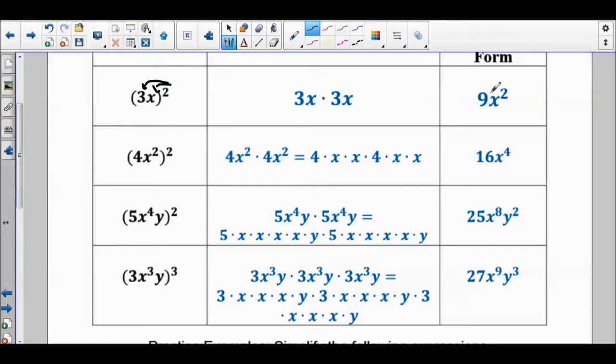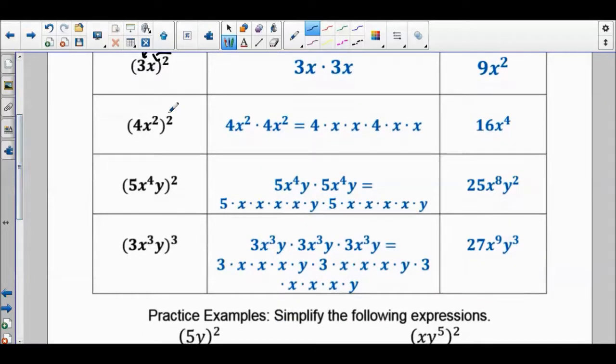So then our answer would be 3 squared, which is 9, and then x squared. Same thing down here. If you take this 2 and distribute it to the 4, 4 squared would be 16, and then this x squared raised to the 2nd power is just like we did on the page before. When you have a power raised to another power, you multiply. So 2 times 2 would give us our 4 as our final exponent.